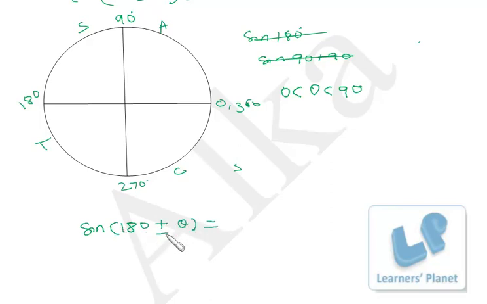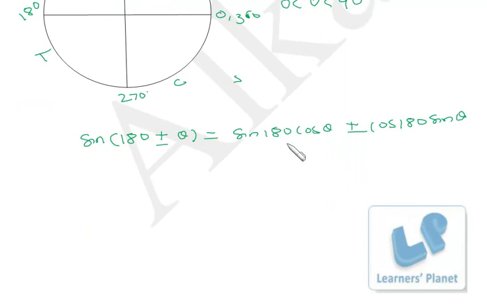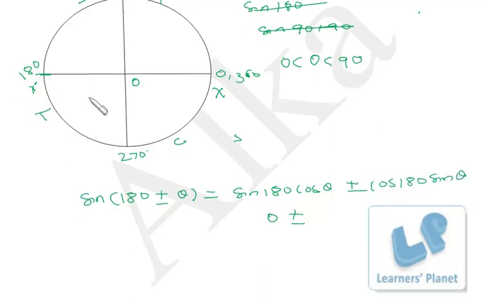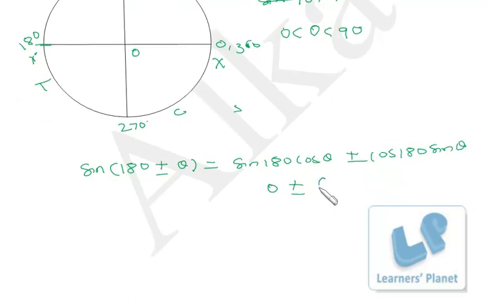So sine A plus minus B: sine 180 cos theta plus minus cos 180 sine theta. Now sine 180 is 0, plus minus cos 180. Now cos 180, this line is precisely the origin, the x-axis and the negative x-axis. On this line cos 0 is 1, so cos 180 will be minus 1, and this is sine theta.